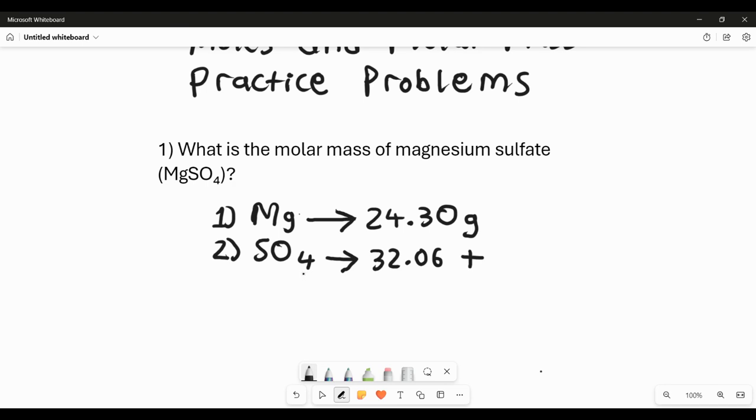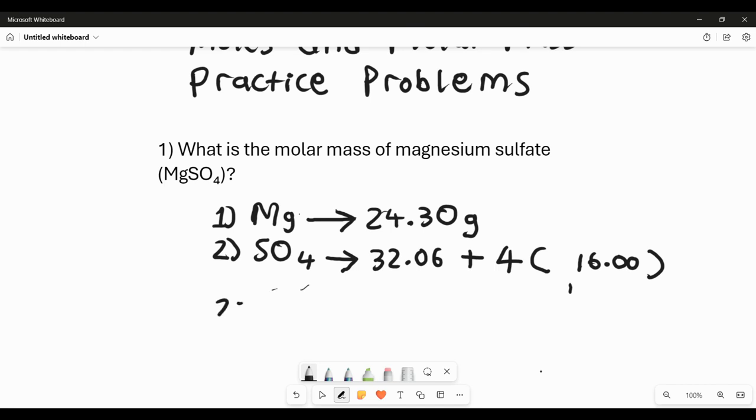So first we have 4 oxygen atoms, so you have a multiplier of 4. And then in the parentheses, you put the atomic mass units of oxygen, which in this case is the same as the molar mass. So for oxygen, it is on the periodic table 16.00.